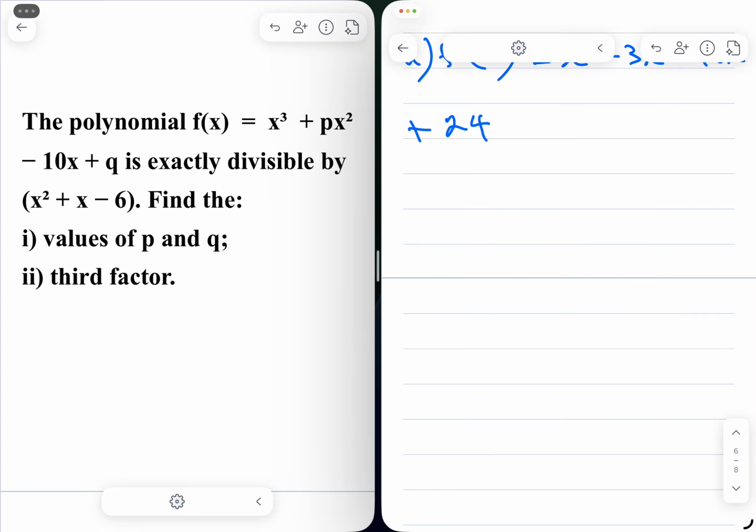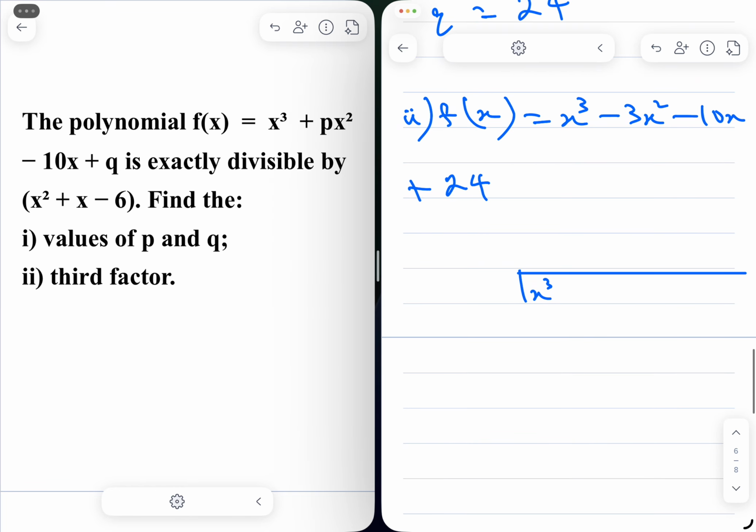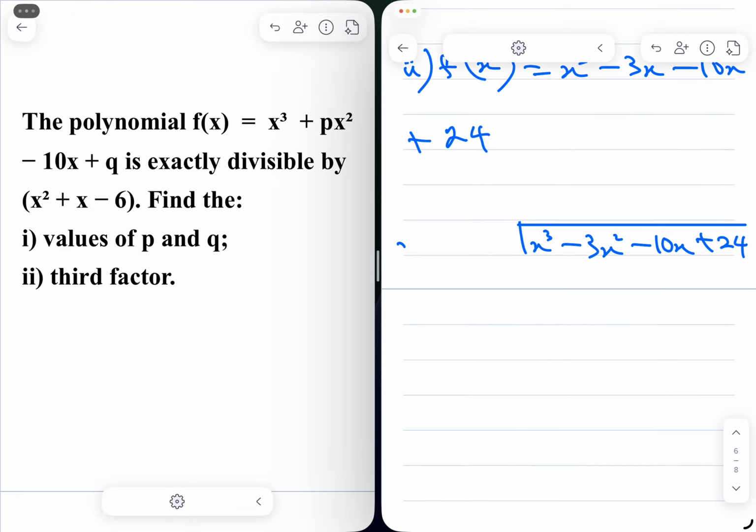So let's do that. F of x, which is x cubed minus 3x squared minus 10x plus 24, divided by x squared plus x minus 6.